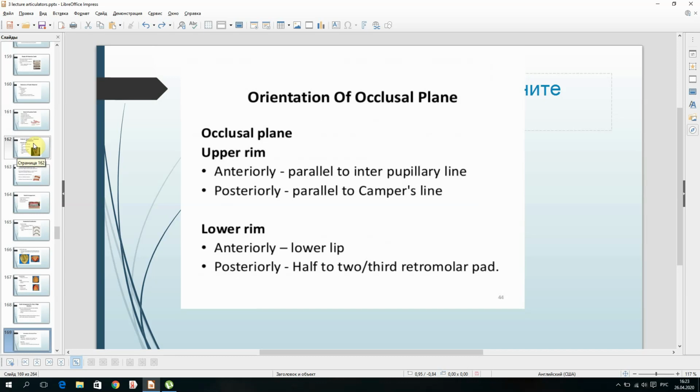Orientation of occlusal plane: the occlusal plane of the upper rim is anteriorly parallel to the interpupillary line, posteriorly parallel to Camper's line. Lower rim anteriorly at the lower lip, posteriorly at half to two-thirds of the retromolar pad.